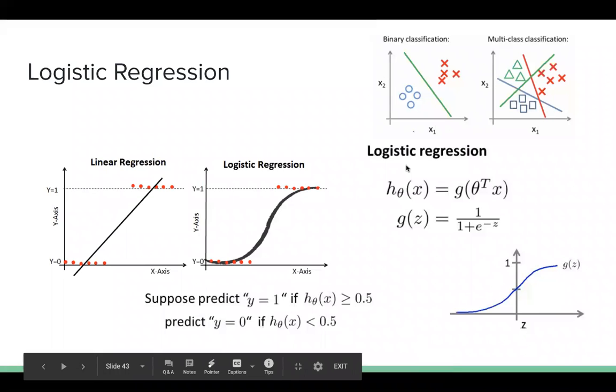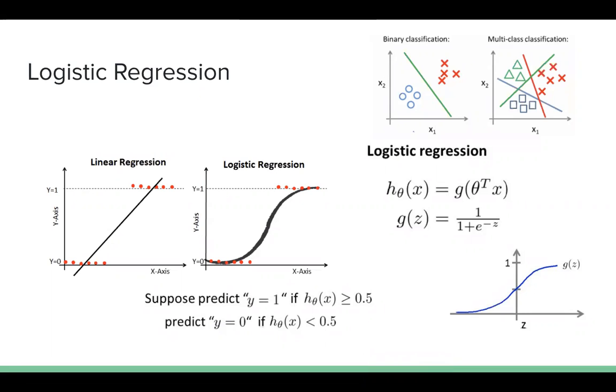Though the name says logistic regression, it is not actually a regression model. That means we are not going to predict a continuous value. At this point, I would like to reiterate that regression predicts the output as a continuous number, like I said, the price of a particular house or sales of a particular department.